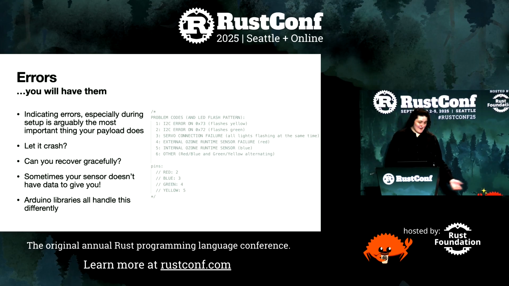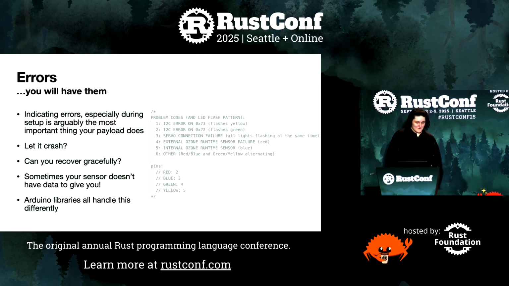When you run out of power, or when things just cannot continue at all, it's best to let everything shut down and bring it back online in order to start again and start collecting some data, hopefully getting some information for the rest of your project instead of just being out of luck. And then you have to recover gracefully as much as you possibly can. There's enough that can go wrong in the physical world that software is not what you want your problems to be in terms of failure.